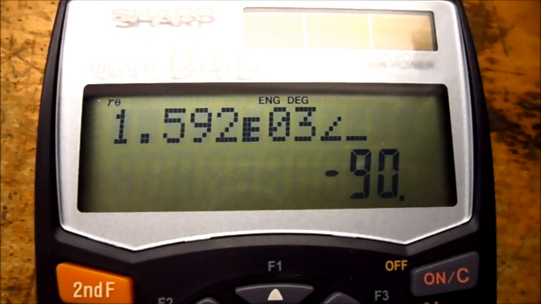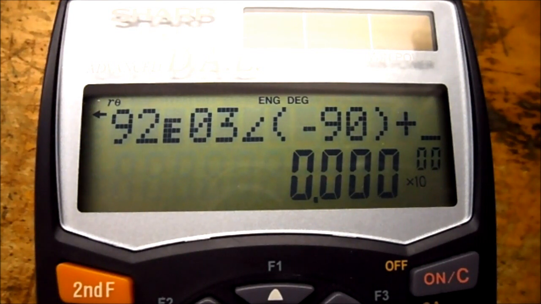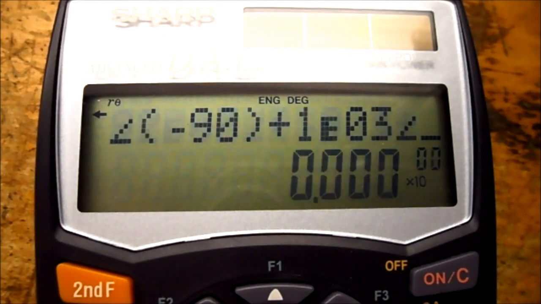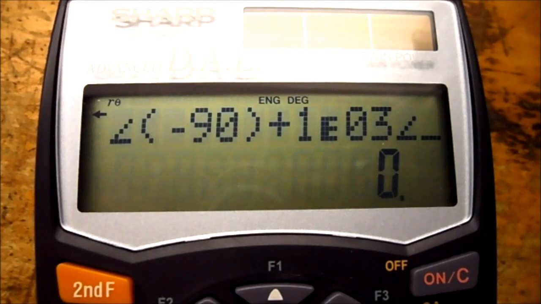To that I'm going to add, and in this case I want to add R times XL. So R is 1 exponent 3, and you can put in your angle of 0 degrees.